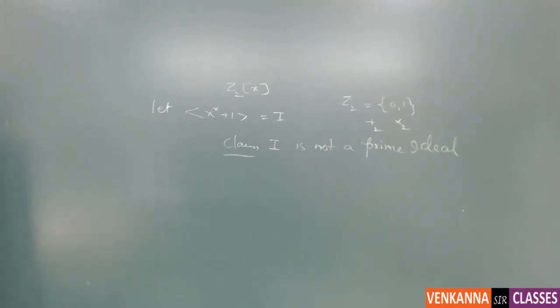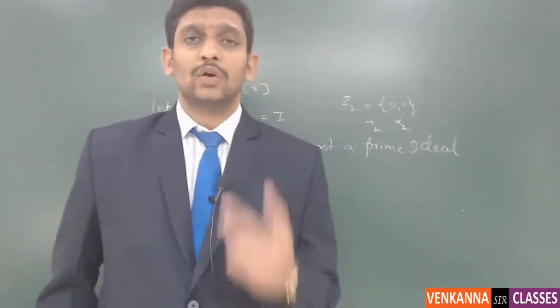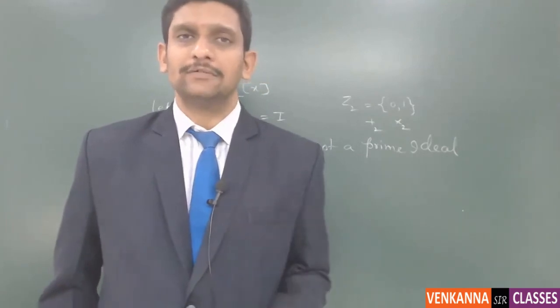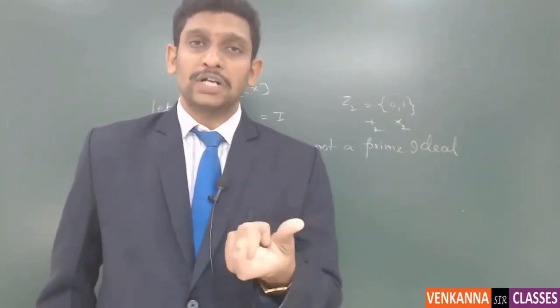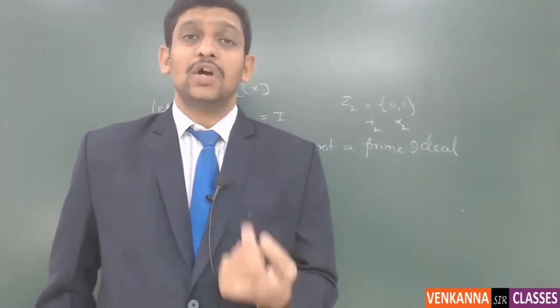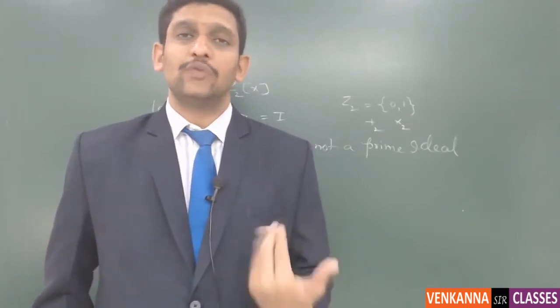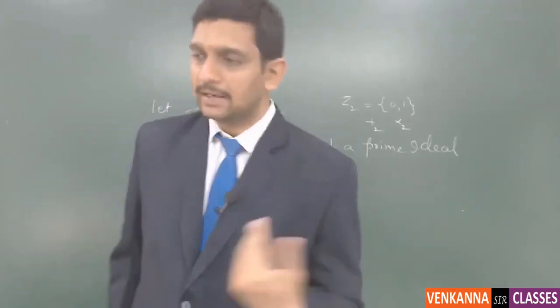So how are we going to prove that? What is the definition of prime ideal? Whenever you consider two values in the ring, if the product belongs to the ideal, then at least one of the values must belong to the ideal. Then only we say that it is a prime ideal.